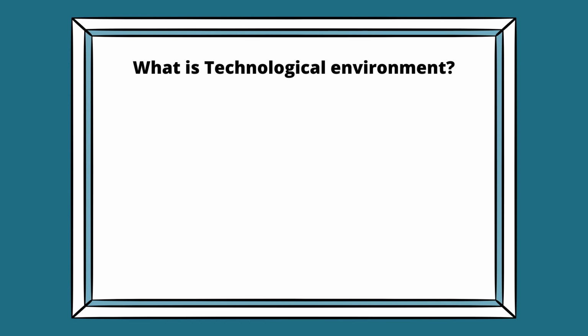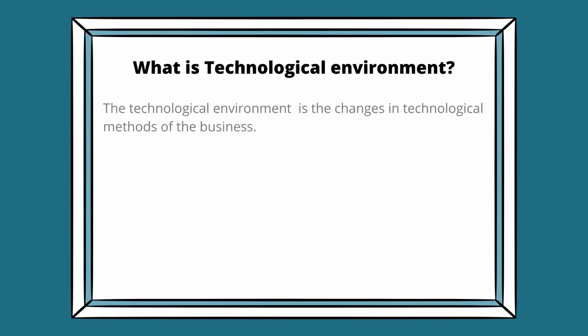Okay, now let's see, what is technological environment? The technological environment is the changes in technological methods of the business. The technological environment grows rapidly due to new innovations. The business activities as well as lifestyles of individuals have changed due to changes in the technological environmental factors.